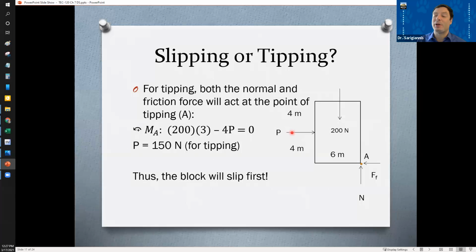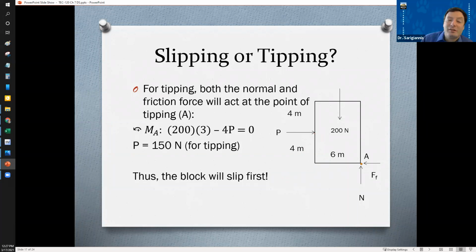Force P is applying a moment that could be considered clockwise about A, and it is 4 meters perpendicular distance from point A. So here's the line of action of the force, and we're given this distance 4 meters. I need to go in and relabel this diagram. So we can solve for P here, and it tells you that you need 150 newtons of force to tip this thing.